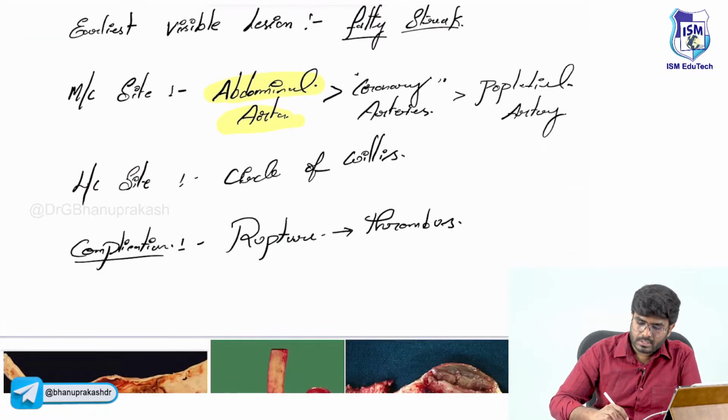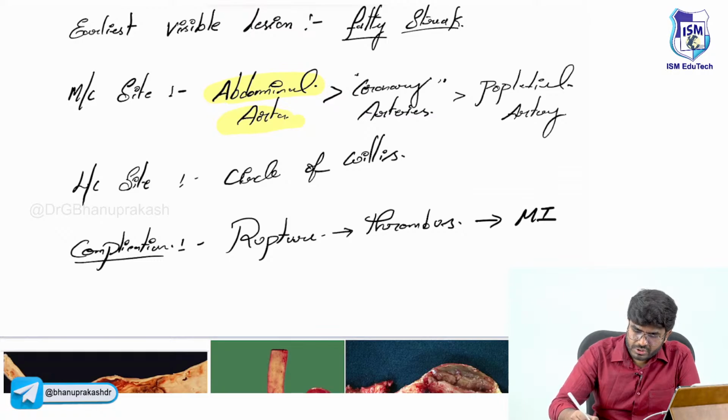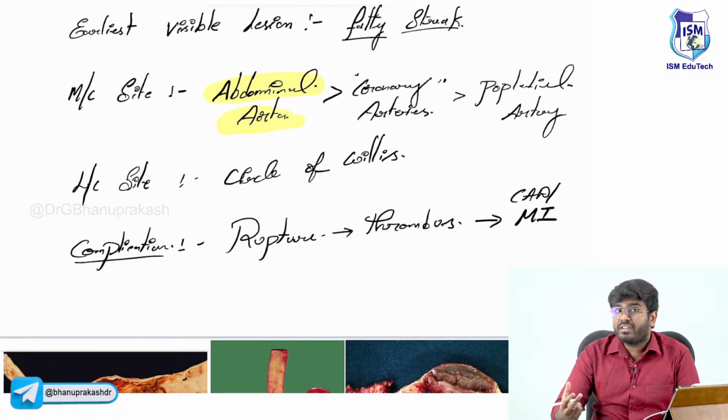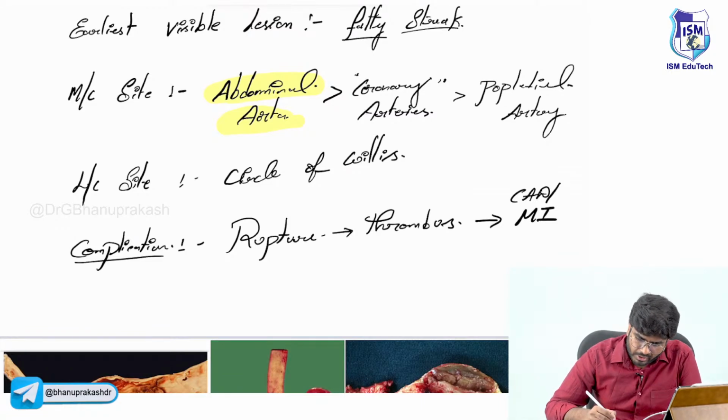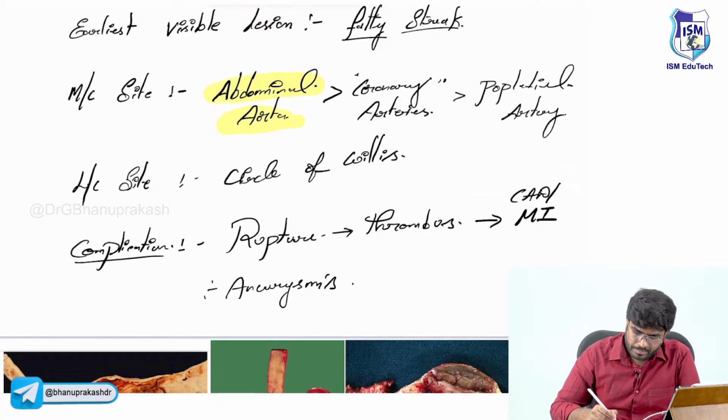The thrombus can lead to angina and myocardial infarction, that is, coronary artery disease or myocardial infarction. Now, the blood vessel which is having atherosclerosis may develop aneurysms, and that blood vessel may develop dissection.